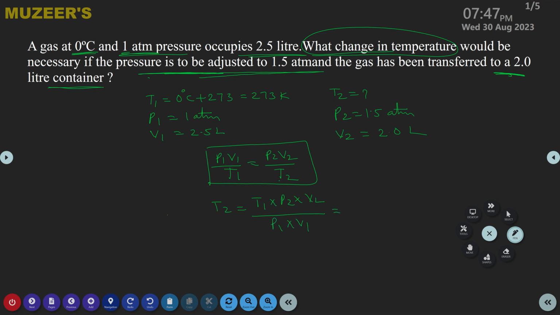Okay. So T1 how much? That is 273 kelvins into P2. How much P2? 1.5 into V2 volume 2 liters final volume, and P1 initial pressure 1 atmosphere, V1 initial volume 2.5. How much? Do it.